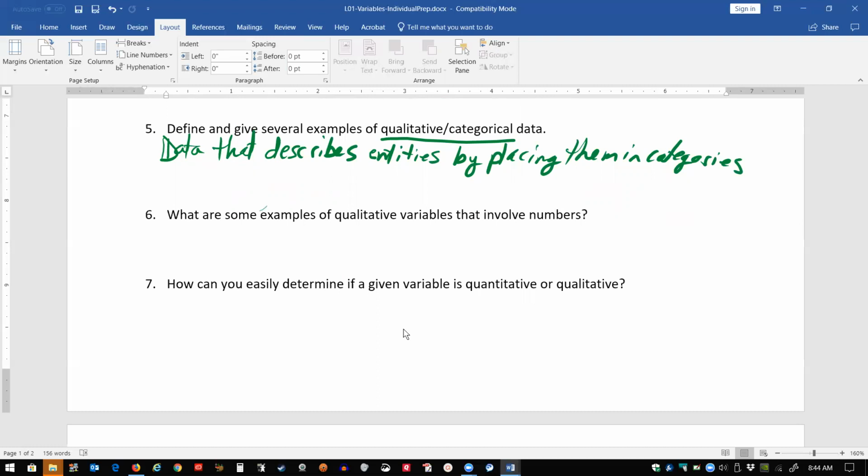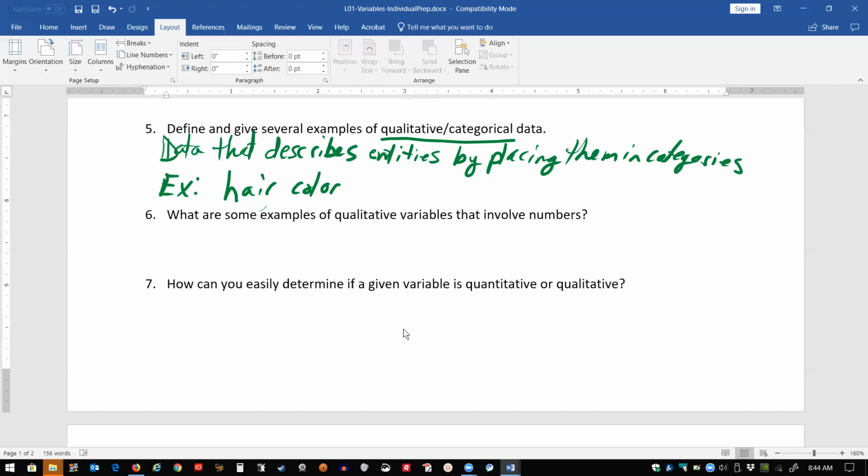So what's a type of data that tells you a characteristic of something, but you can't really average it, or an average will be meaningless for us? A lot of you latched on to hair color. So hair color: brown, black, blonde, red, several categories of color are available.